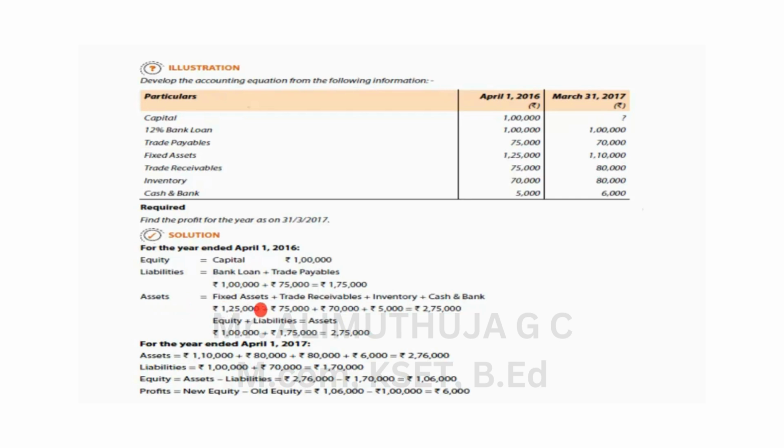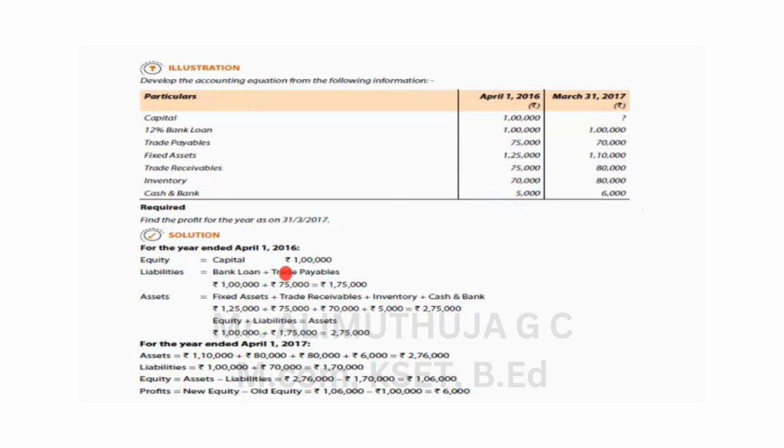Assets are fixed assets plus trade receivables plus inventory plus cash and bank: 1,25,000, 75,000, 70,000 and 5,000. That is in the previous year. The total comes to 2,75,000.